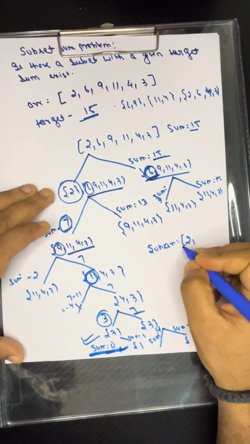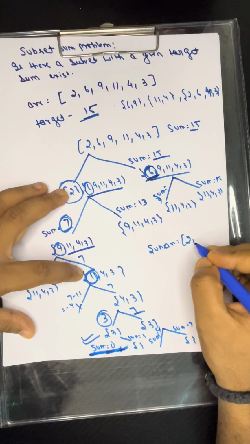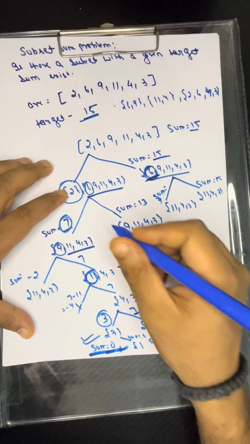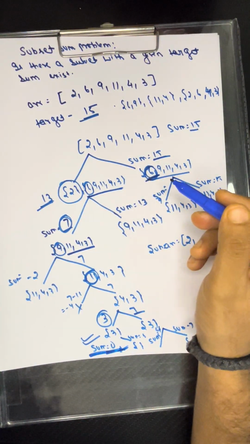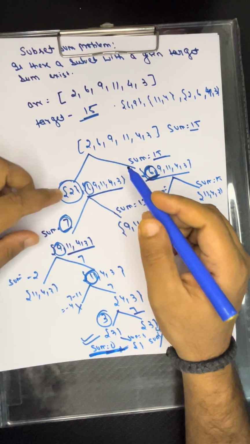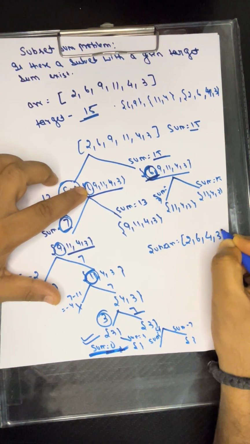What is the subarray? Here we take 2, then 6, then 4, and then 3.